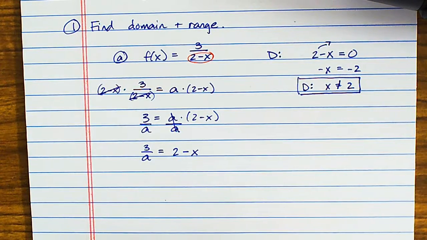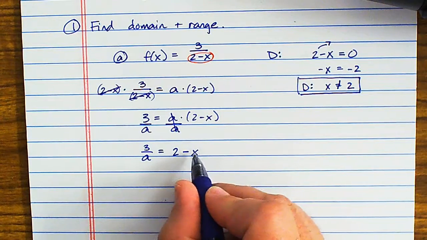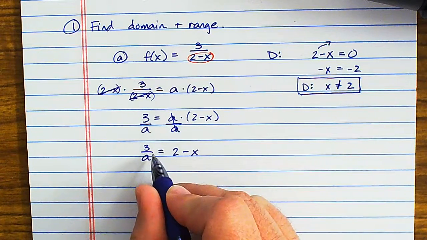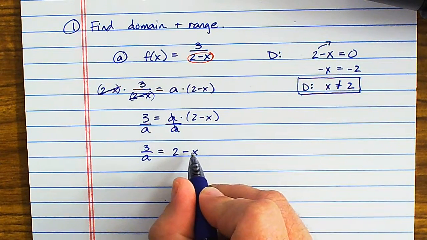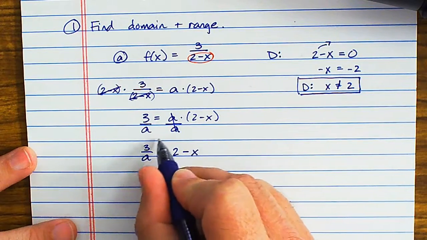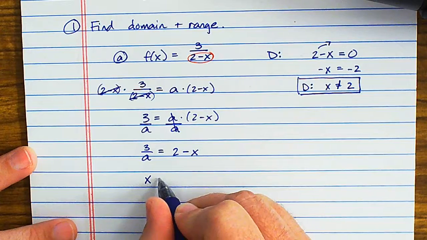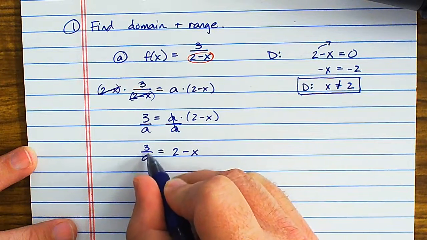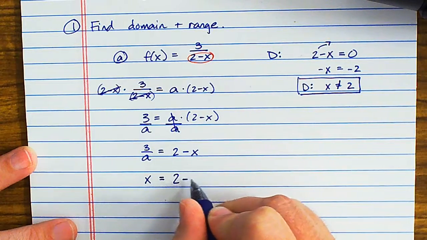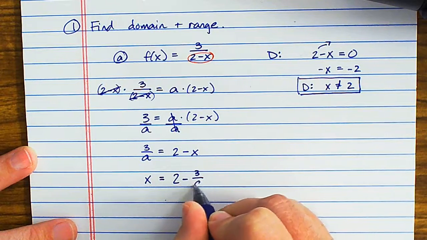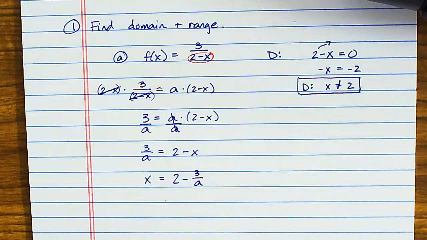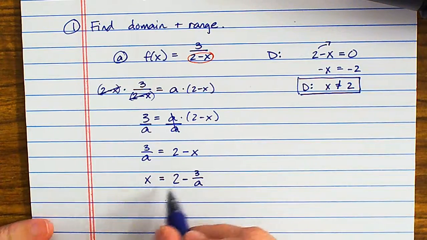which, just for all intents and purposes, if this was a positive x, I would move the 2 over and be done. But because it's a negative x and I want it to be a positive x, I'm actually going to move the x over here, which makes it a positive x. And I'm going to move the 3 over a over here, which makes it 2 minus 3 over a. So there's my function right there when I isolate x.